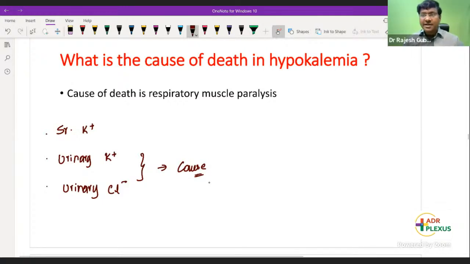Another very important thing that will be asked in your exam is about the ECG changes. What will be the earliest ECG change in hypokalemia?